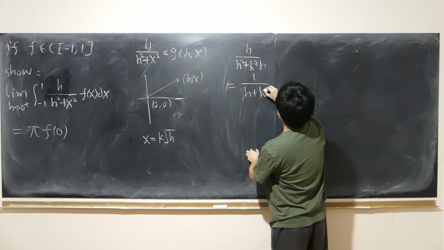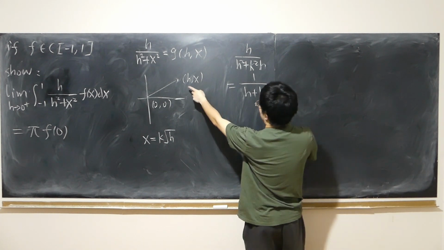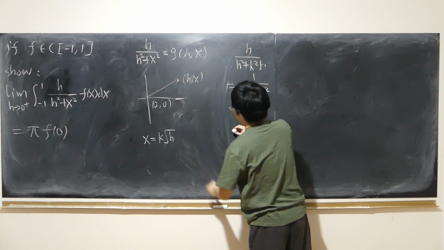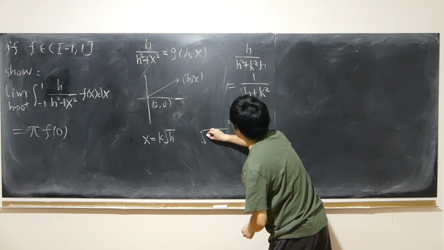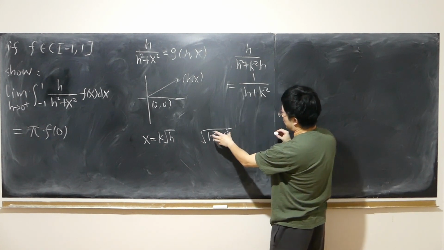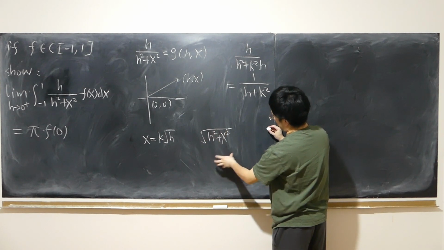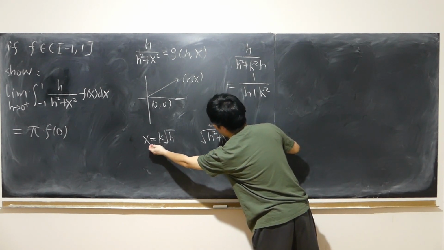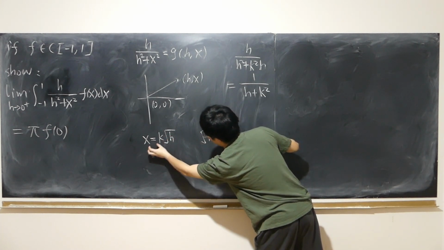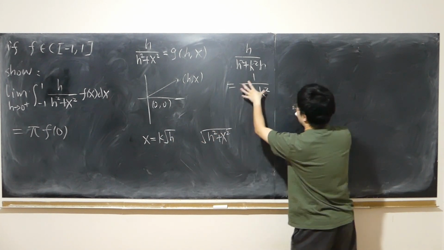As h and x both approach 0, in other words, as the square root of h squared plus x squared, the length of this vector, approaches 0, h approaching 0 implies that x also approaches 0, meaning this h also approaches 0.